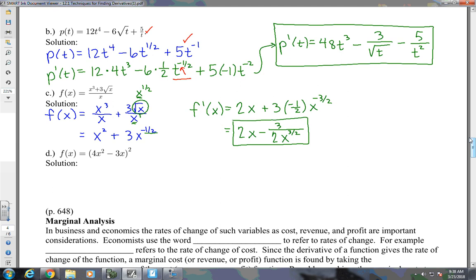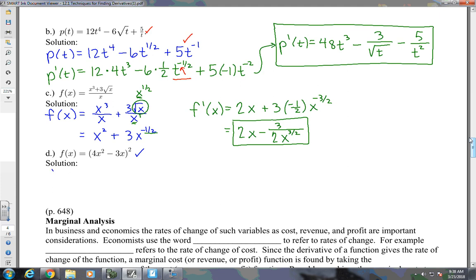Notice on both of those examples, we first had to do a little bit of algebra to the function before we found the derivative. The same is going to be true on example D. On example D, we will eventually learn how to differentiate this directly using something called the chain rule. However, until we learn that, we want each of our functions simply to be expressed as the sum or difference of multiple terms.